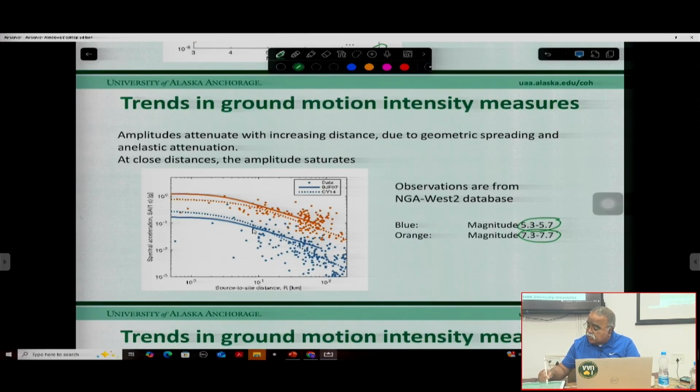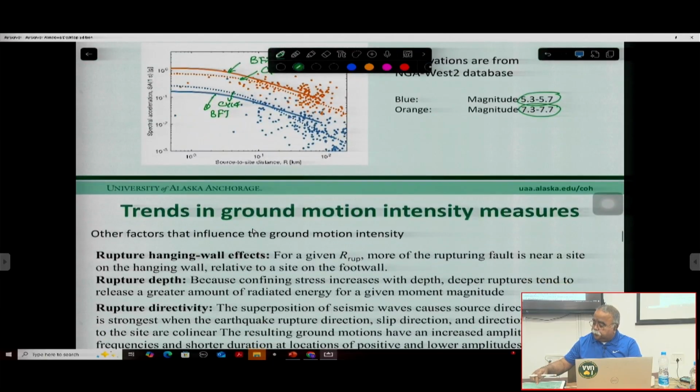This is for the BSSA model, and this is for the CY14 model, and this is also the BSSA model for the big magnitude, and this is the CY model for the small magnitude.